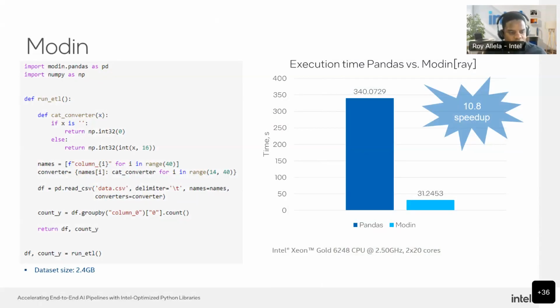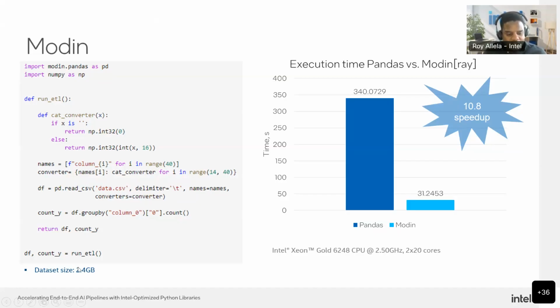So we read a CSV file, and then we run a group by on some column data, and we measure the amount of time it takes to execute this in Pandas and in Modin. To run this in Pandas, we just remove the Modin bit and import pandas as pd, and then to run it in Modin, we just add the Modin bit here.